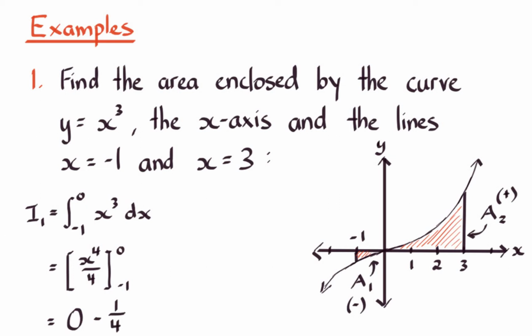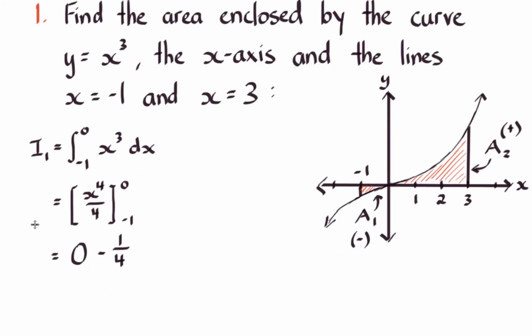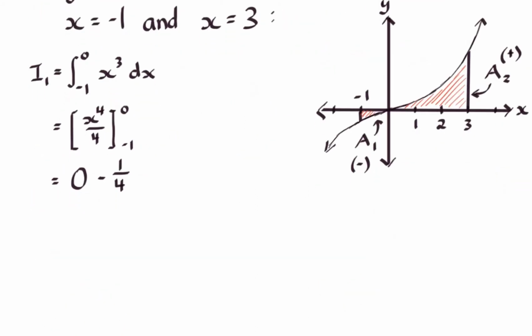So we have an answer of negative 1/4 for this first integral. But remember, we want to take the absolute value of this to get the area, which means our area is 1/4 square units.